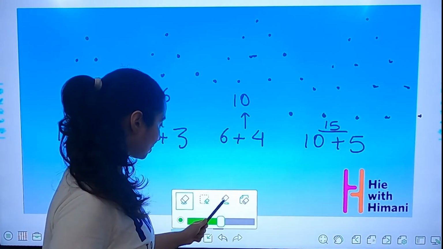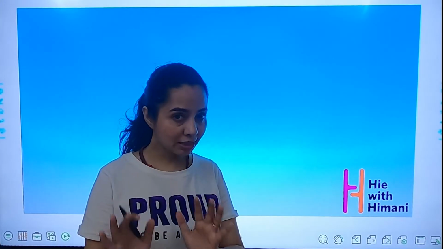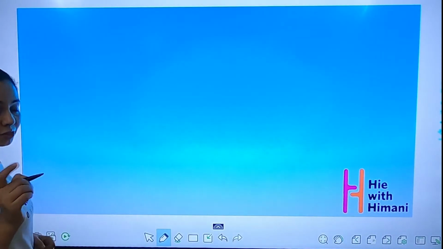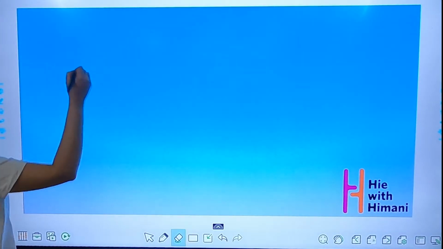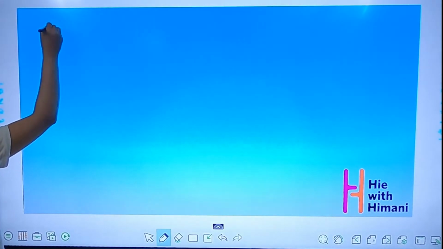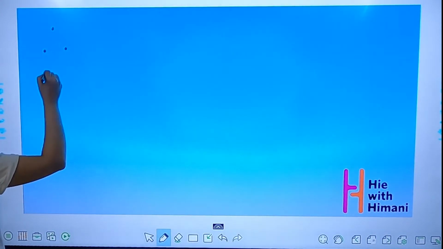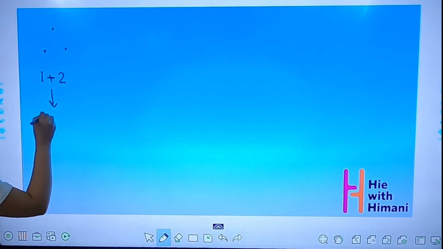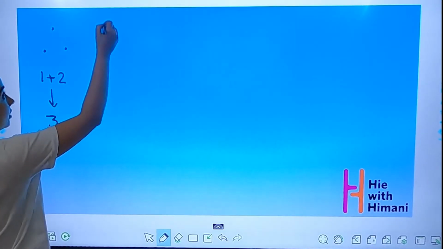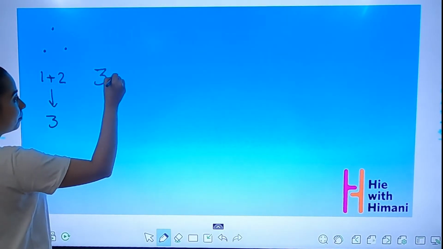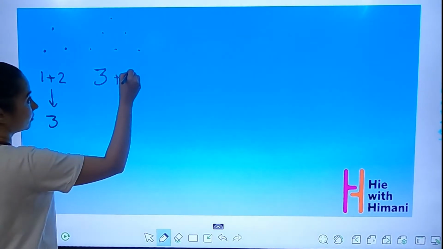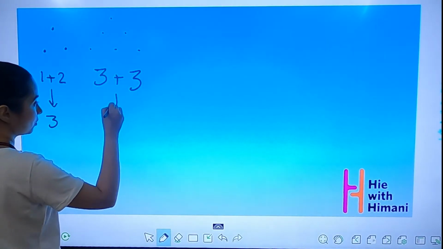It's very important because at times it comes, so I'm again repeating it. This time I'm not making it with dots, just the pattern. The first one was 1 plus 2. It was equal to 3. Then the other one was 3 plus 3. That was equal to 6.